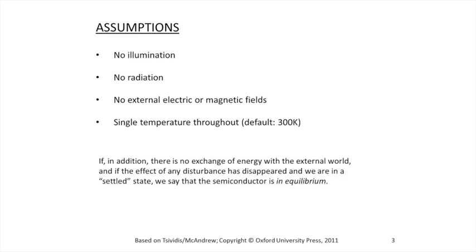If in addition there is no exchange of energy with the external world, and if there is any disturbance, we have waited long enough for this disturbance to have disappeared, and we are in the so-called settled state, then we say that the semiconductor is in equilibrium. And this will be assumed unless we state otherwise. In particular, in equilibrium, there is no electric current.